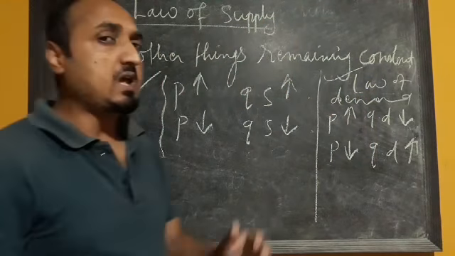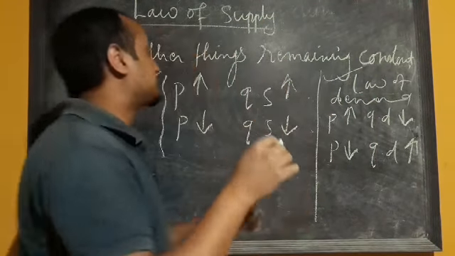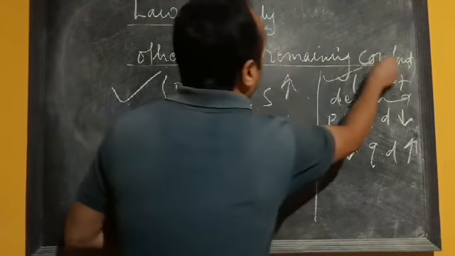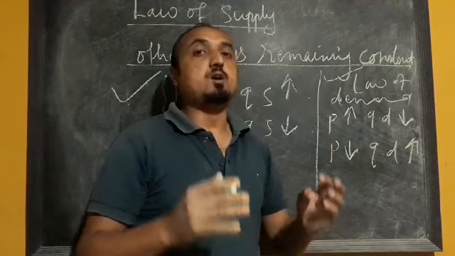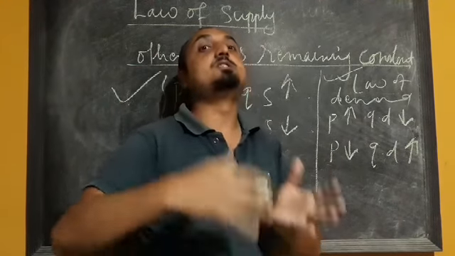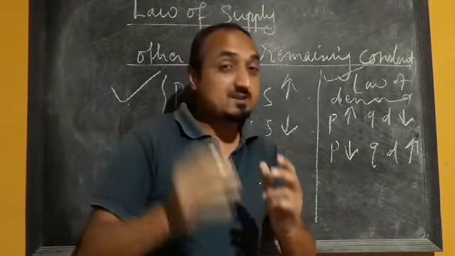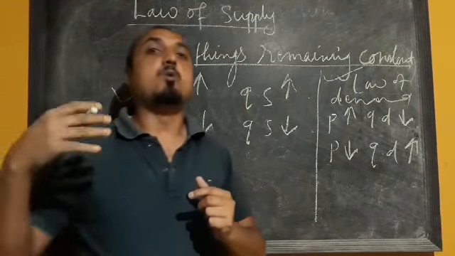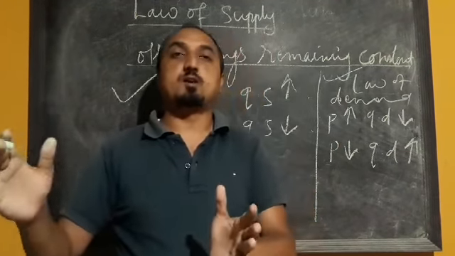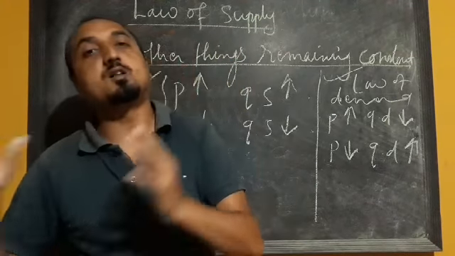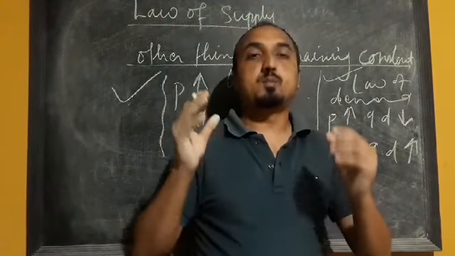Another thing we need to understand is "other things remaining constant." What are the things that remain constant here? We have done the various determinants of supply. Except the price of a commodity, whatever the other determinants are will remain constant. We have to keep them constant, otherwise the law of supply will not be valid.